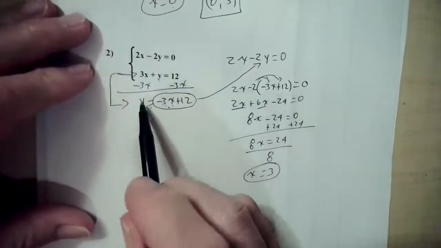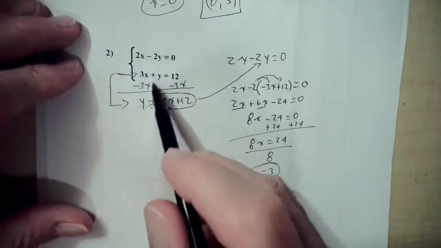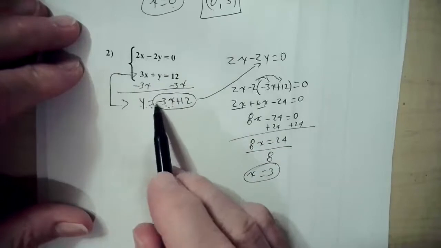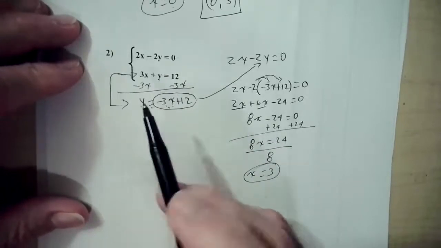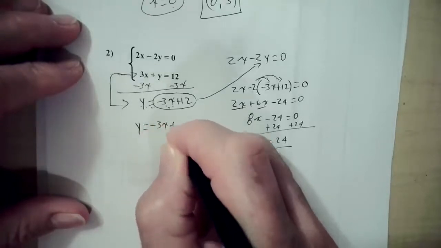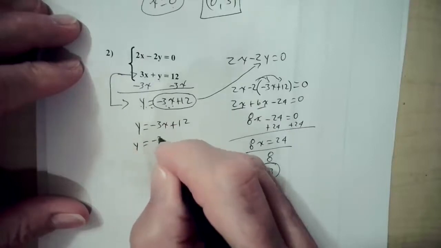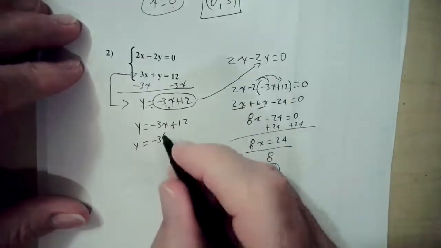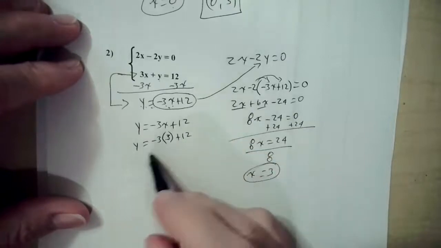Now how are we going to find out what y is? Remember, this equation and this one are the same. And you can plug it into any one of these three, but let's plug it into this one because it's already solved for y. Y equals negative 3x plus 12. So y equals negative 3 times x, and x is 3, plus 12.